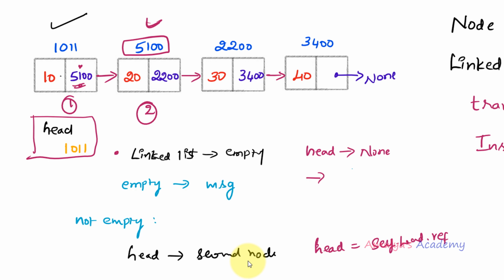As I mentioned previously, if you want to access the data of the first node, you can write self.head.data. Now here we want the reference stored in the first node, so I'll take self.head.ref. It contains the reference of the second node, or the next node. Now we'll store that in head. Here head becomes 5100. It is pointing to here.